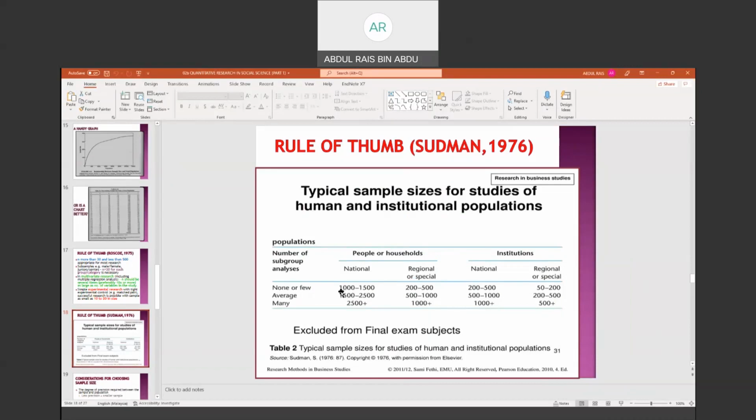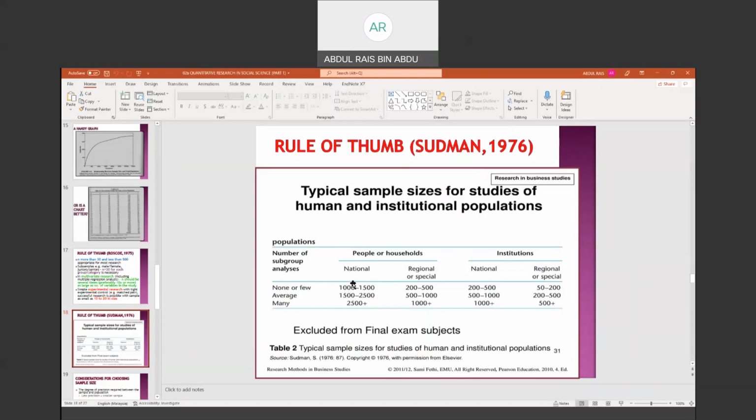Dia kata kat sini, andai kata study tu tidak melibatkan apa-apa subgroup, lelaki, perempuan ke, Chinese, Malay, Indian, Melanau, Kadazan Dusun ke, meaning kajian tu ialah melibatkan Malaysians. On a national level, cukup sekitar 1,000 hingga 1,500.